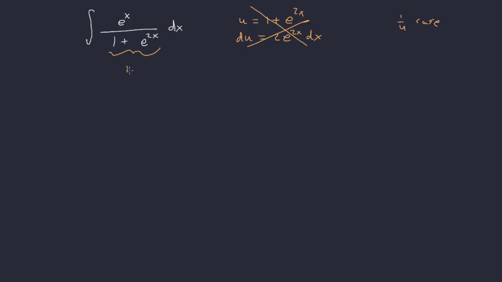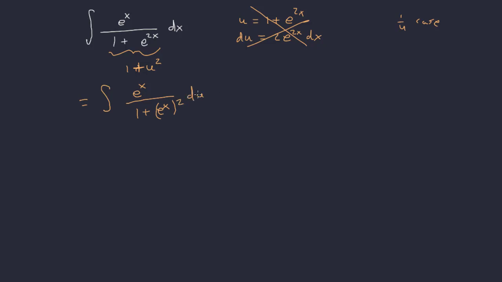Maybe that's a 1 plus u squared, right? Maybe I could rewrite that as a 1 plus u squared kind of thing. So let's try it here in yellow. Let's say e to the x over 1 plus, and I can rewrite this e to the 2x as e to the x squared.